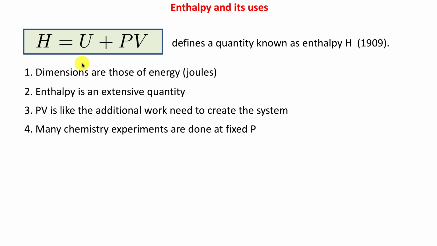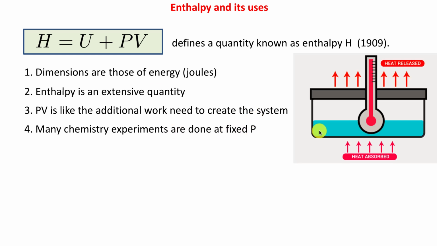Why did chemists define this? That's because they do their experiments at fixed values of pressure. For example, suppose you have a substance over here and you want to investigate it. Well, you will investigate this under the conditions of normal atmospheric pressure. Now, suppose this sample melts and it increases its size.